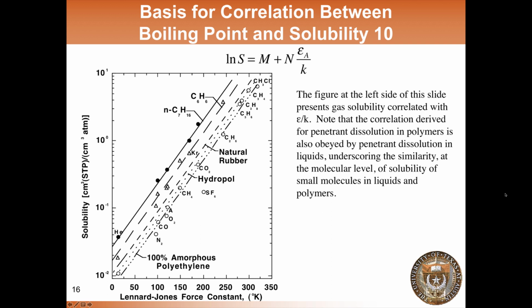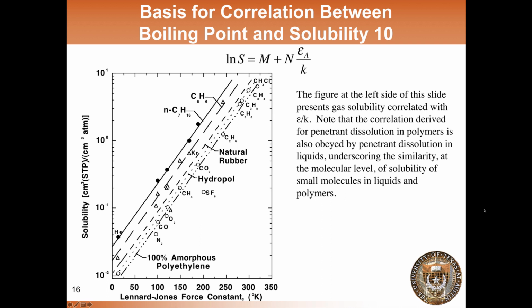And so these last points are the solubility of these gases in normal heptane. And you can see that these lines are offset from one another depending upon the material, but they all have absolutely the same slope, independent of whether it's a polymer of various sorts or an aromatic hydrocarbon liquid or an aliphatic hydrocarbon liquid.